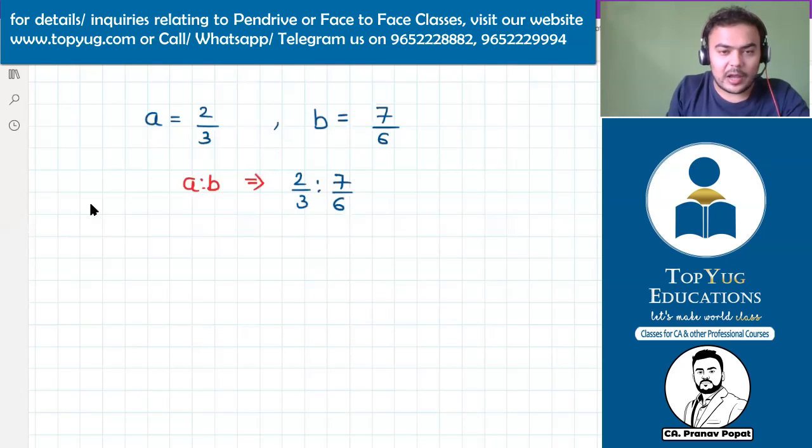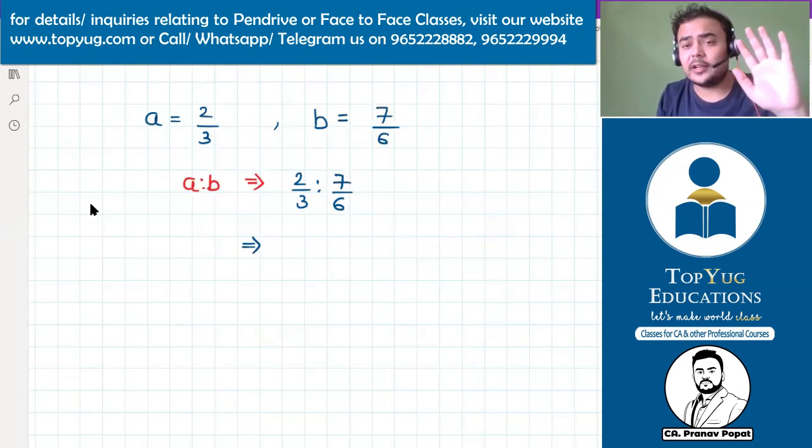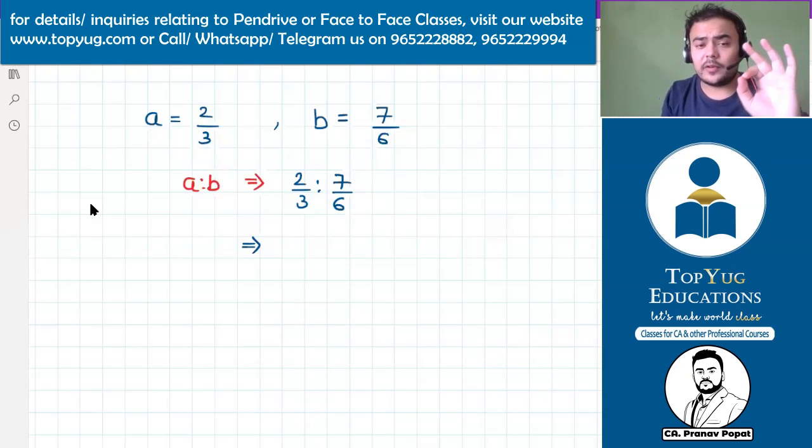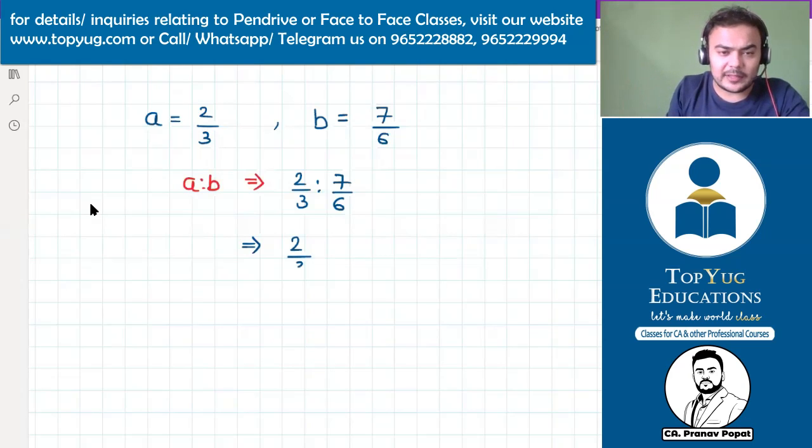Now, I want this ratio in the simplified form. So what should I do? I should simply equate their denominators, make their denominators equal. Can you convert 2 by 3 into the denominator 6? Yes, sir. What I can do is 2 by 3 into 2 by 2, ratio 7 by 6.